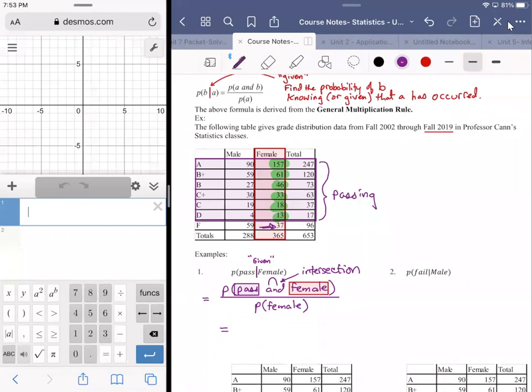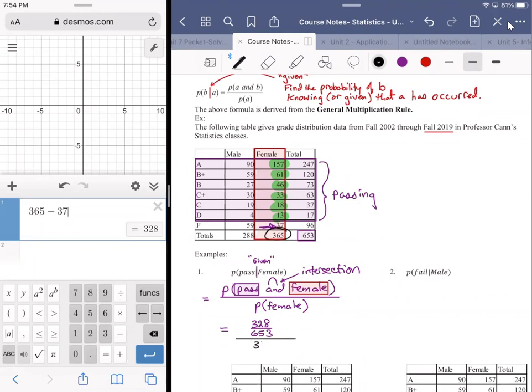So I could say 365 minus 37, there's 328 out of 653 that correspond to passing and being female, right? So that's out of the grand total, right? Then I would just divide that by the probability of being female in general. Now, we have a total of 365 females out of 653 people overall.